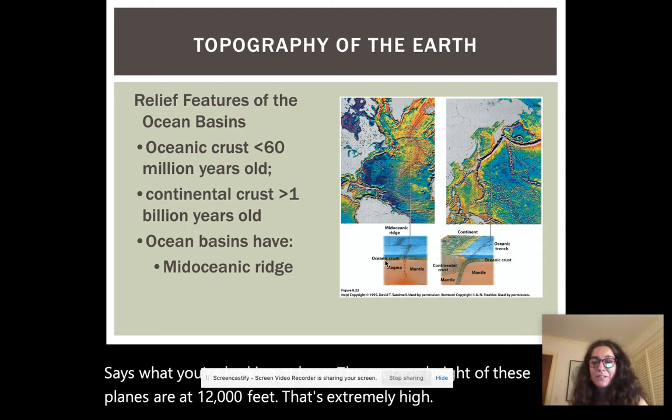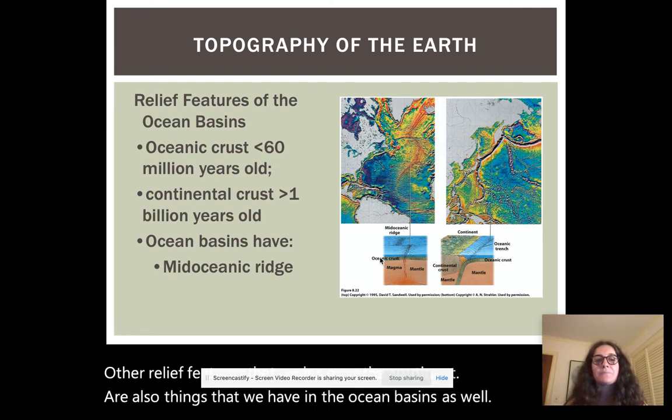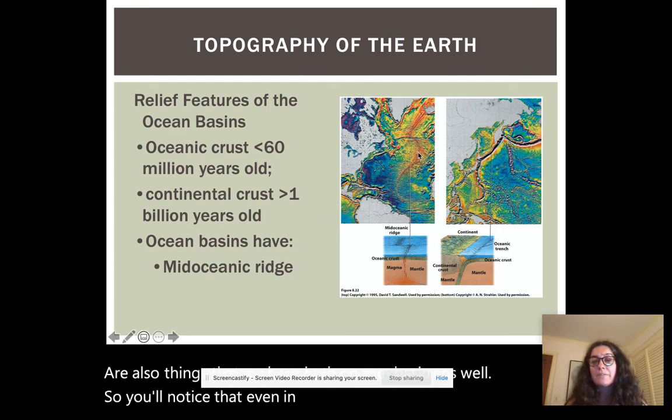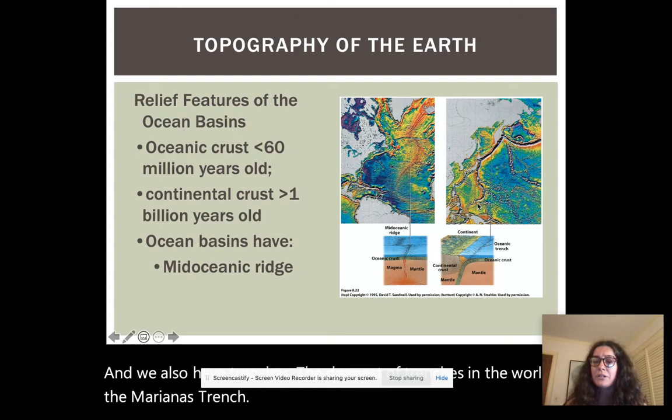Other relief features that we have on the continents are also things that we have in the ocean basins as well. So you'll notice that even in the ocean basins, we have ridges that are covered by millions of gallons of water, and we also have trenches. The deepest trench in the world is the Marianas Trench in the oceanic crust.